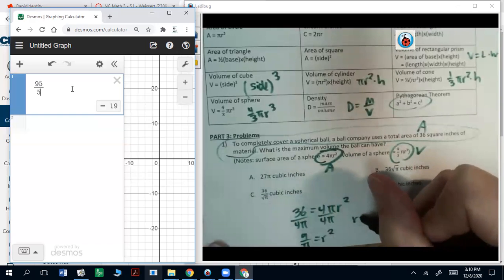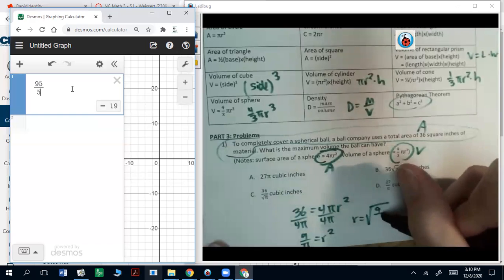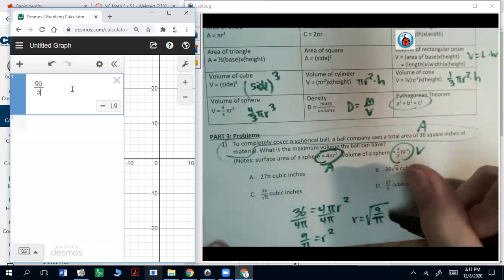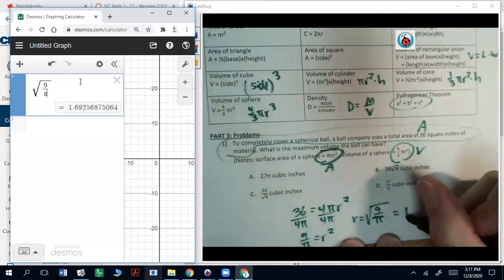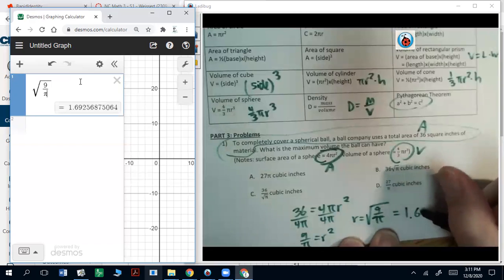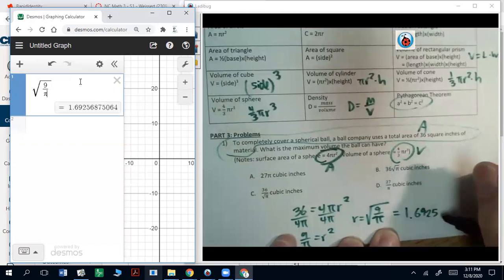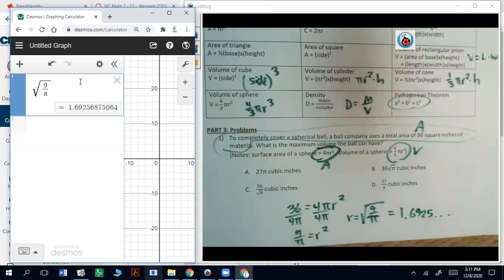And so r is going to be the square root of whatever 9 over pi is. So let's do that. Square root of 9 divided by pi. So that radius is approximately 1.6925. You can keep going if you need to for more accuracy.